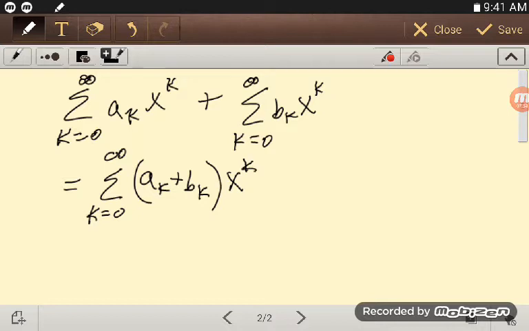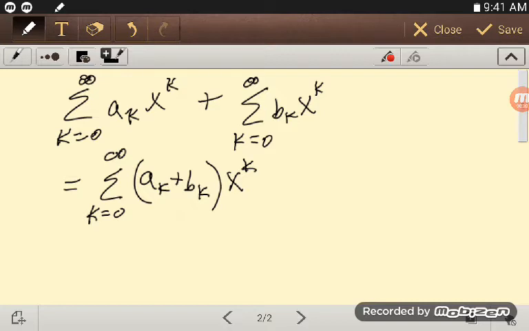And I get that. So that's a piece of cake. Now, if you don't quite believe me, well, we'd have to know these converge. If they don't converge, this makes no sense anyway. But as long as they converge, then we can rearrange our notation and so forth.